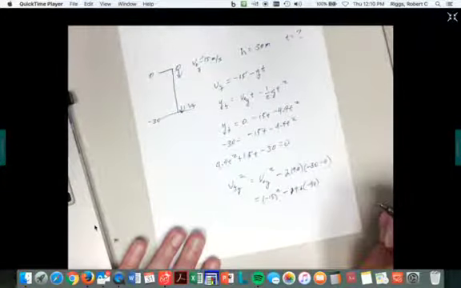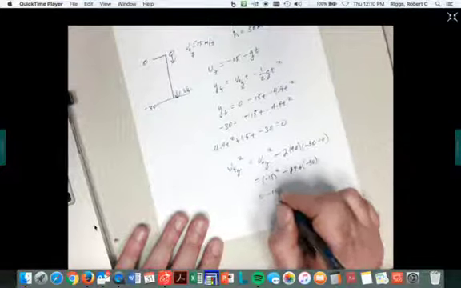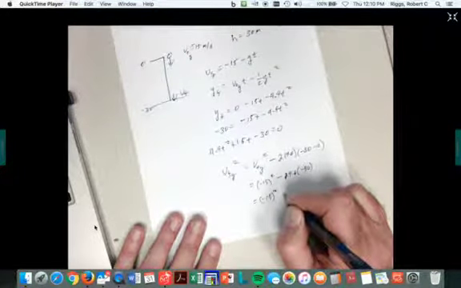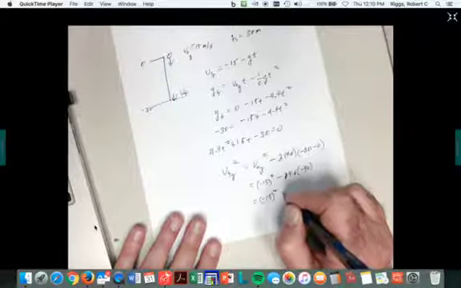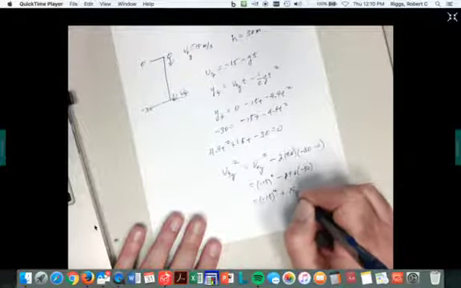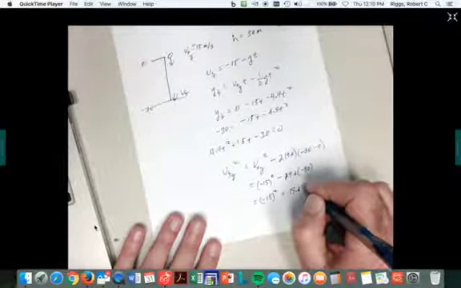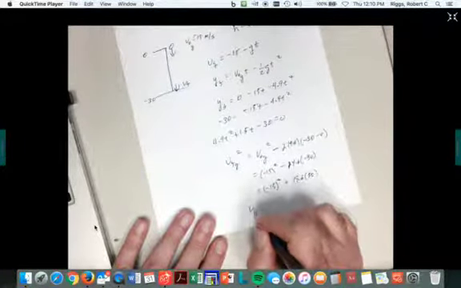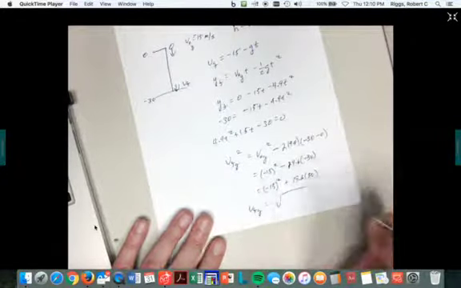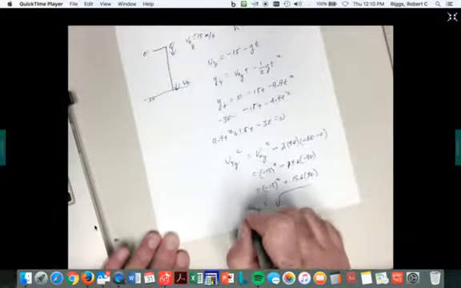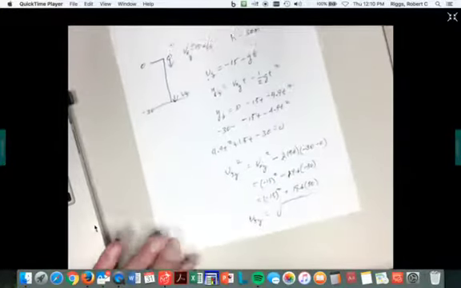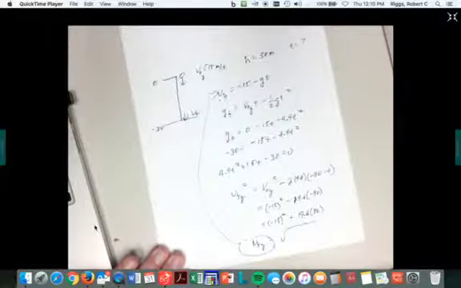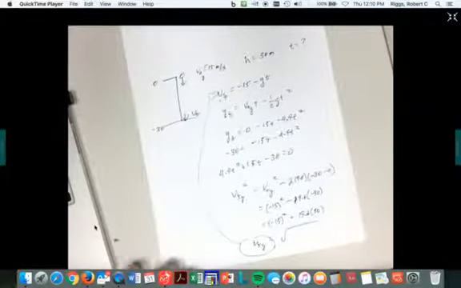Minus a minus is plus, so minus 15 squared comes out to be a positive number, plus 19.6 times 30. Then v final y is equal to the square root of all that. You can plug that into the first equation and solve for the time. So there's all kinds of flexibility.